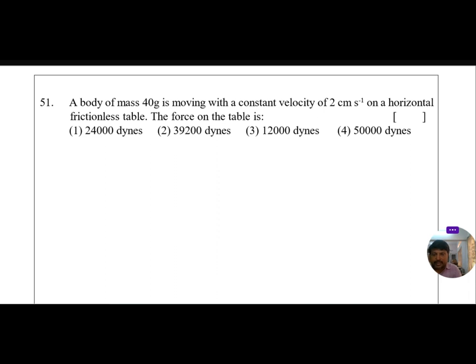51st question. A body of mass 40 gram is moving with a constant velocity of 2 cm per second on a horizontal frictionless table. The force on the table is? So consider a table. A body of mass 40 grams is moving with a constant velocity. Here velocity is constant.